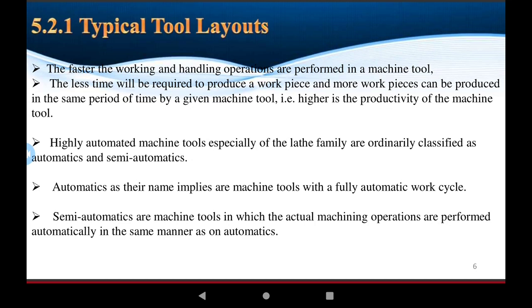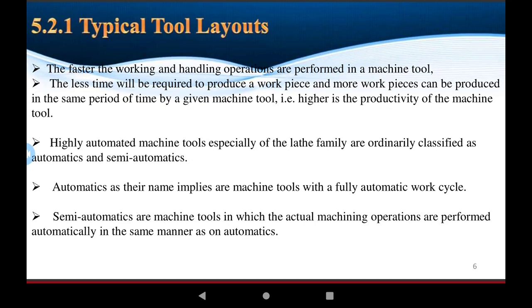The productivity of the lathe machines is very high, and as their name says, they are highly automated machine tools, especially in the lathe family.